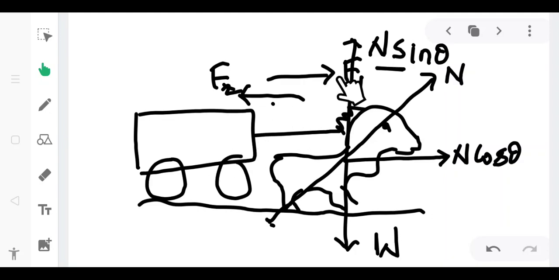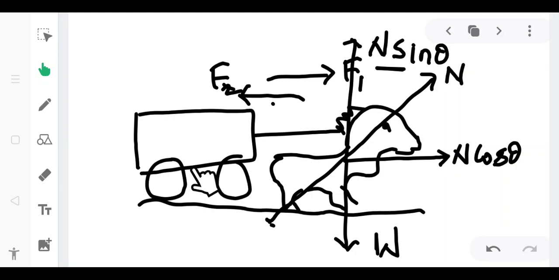F1 is the force acting on the cart, right? And similarly, n sin theta is the force acting on the horse, and that force will be added up to this. Okay, so this is a pseudo force here. This is a pseudo force, right?